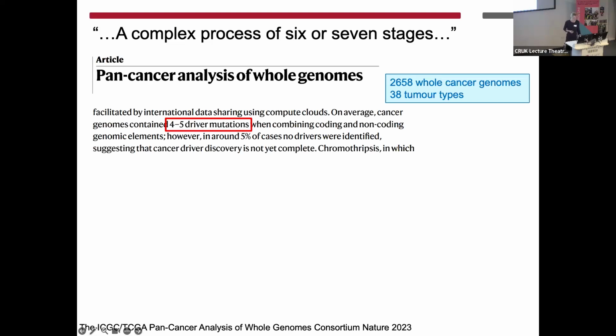But if you look at a recent pan-cancer analysis of whole genomes, so this is a massive international consortium effort where they looked at the whole cancer genome data from over 2,500 genomes across 38 tumor types.